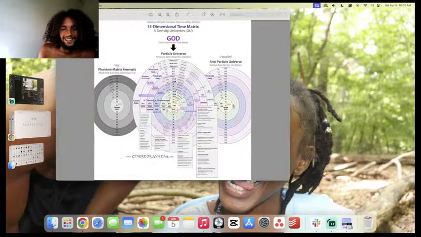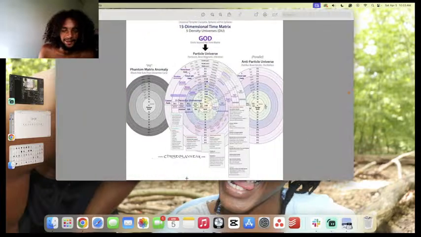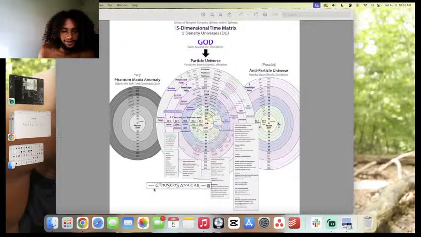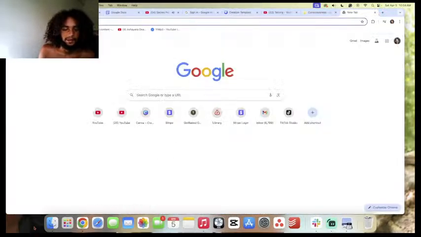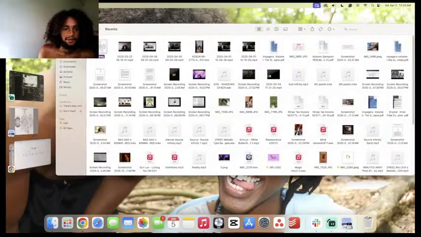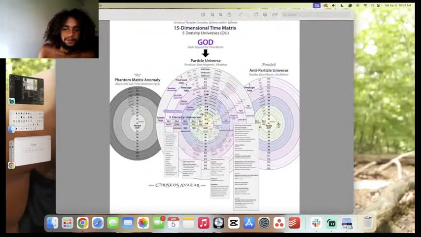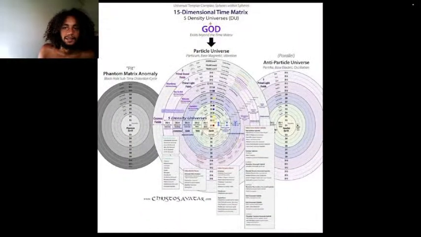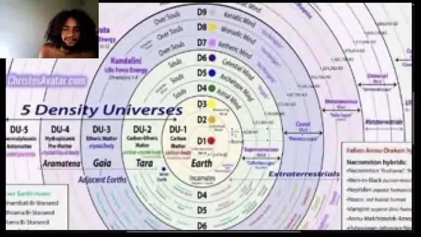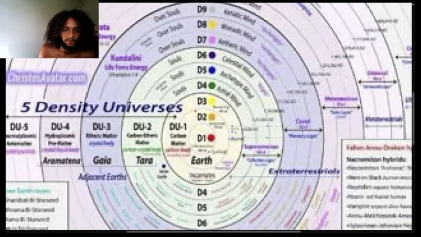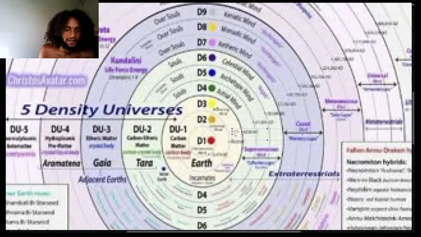Shout out to Christos Avatar. See, it went into his page. Shout out to him. He was the one that made that. But where is it? Okay, it's right here. To zoom in, let me open this. Okay. Let's go. So, hold on. I don't know how clear y'all can see this stuff.